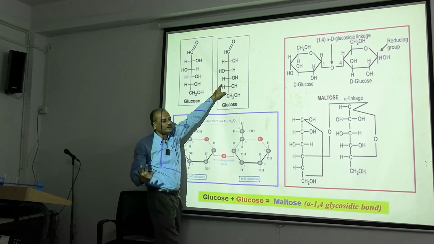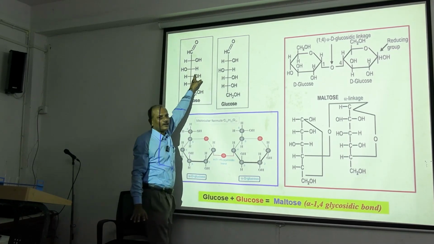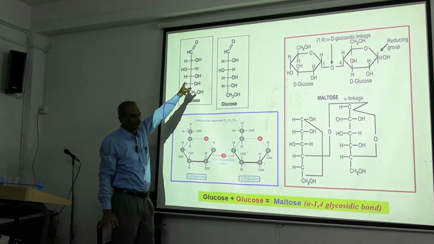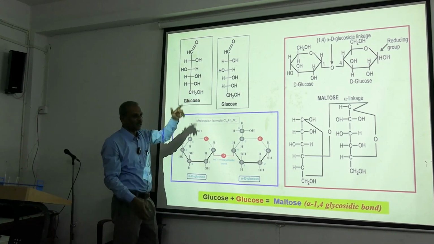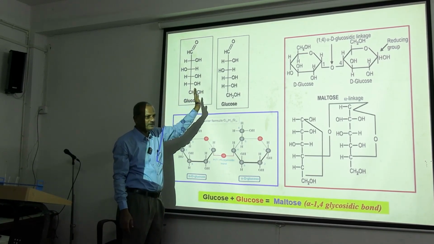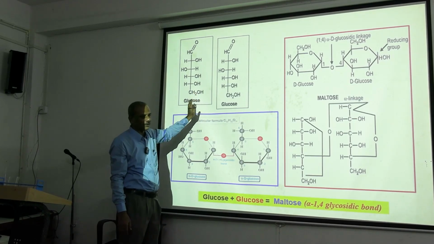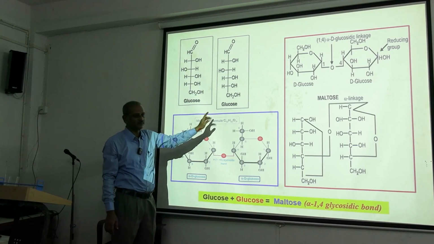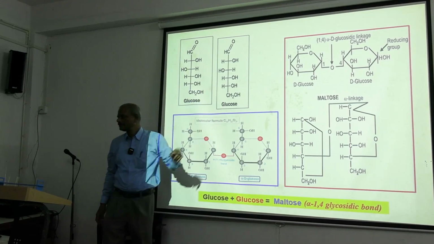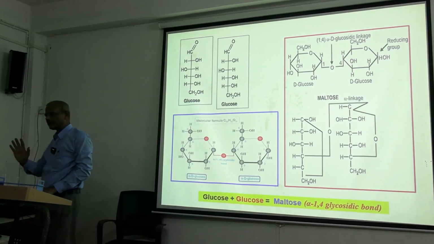Is this part clear? One aldehyde of one glucose will be involved in the glycosidic linkage, but the other aldehyde will be free. So that's why maltose will give a positive result for the Benedict test, because a free aldehyde group is there.